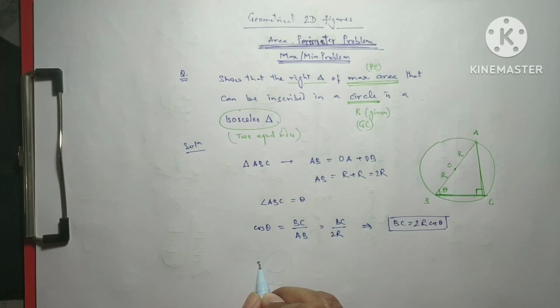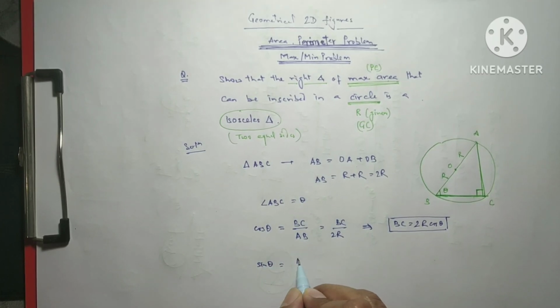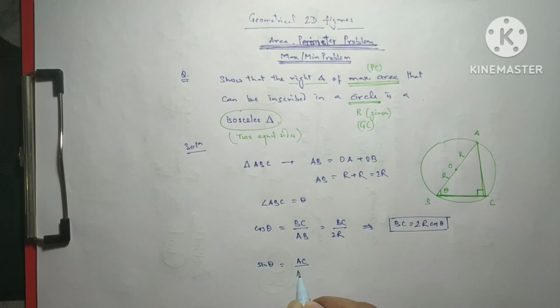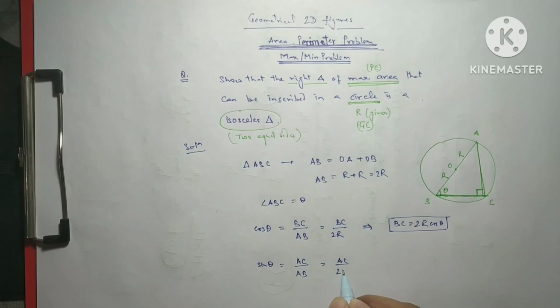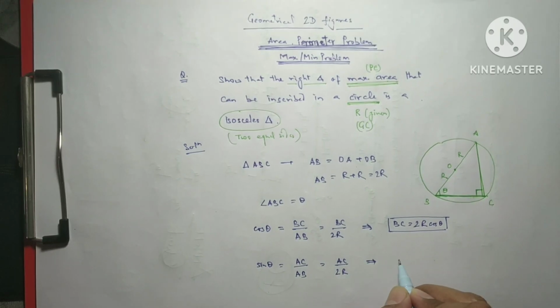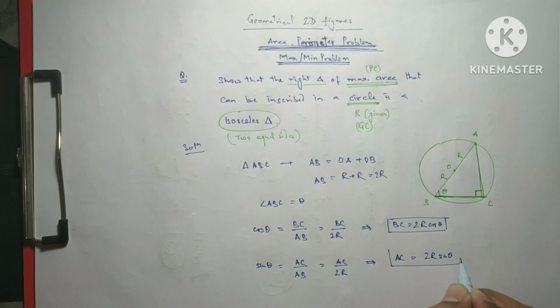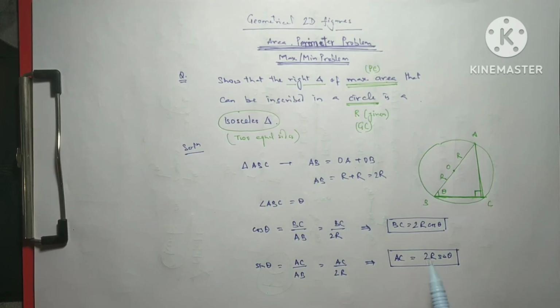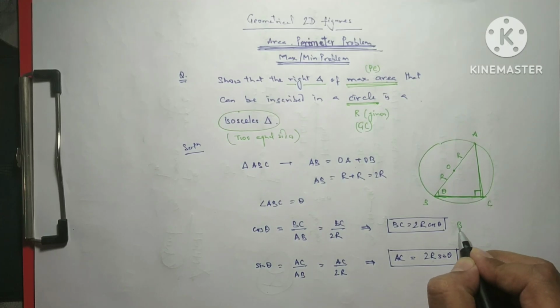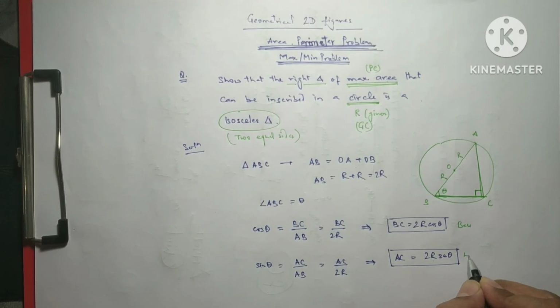Now if we take sine theta, it will be perpendicular AC over hypotenuse AB. So it is AC and AB is 2R. So the value of AC is 2R sine theta. Right now we have base and height both. So it is the base of the triangle and it is the perpendicular height.